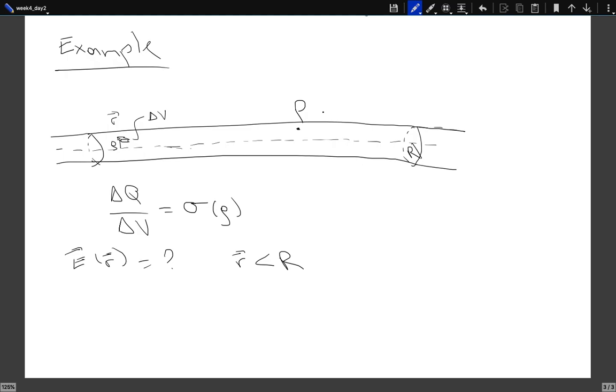Now, the steps are always the same in applying Gauss's law. First, you need to know something about the electric field. You need to know where the magnitude is constant, and in which direction it is pointing at different points. That is the first thing you always have to determine. And then, based on that knowledge, you need to determine a surface over which you can evaluate the integral of the electric field.